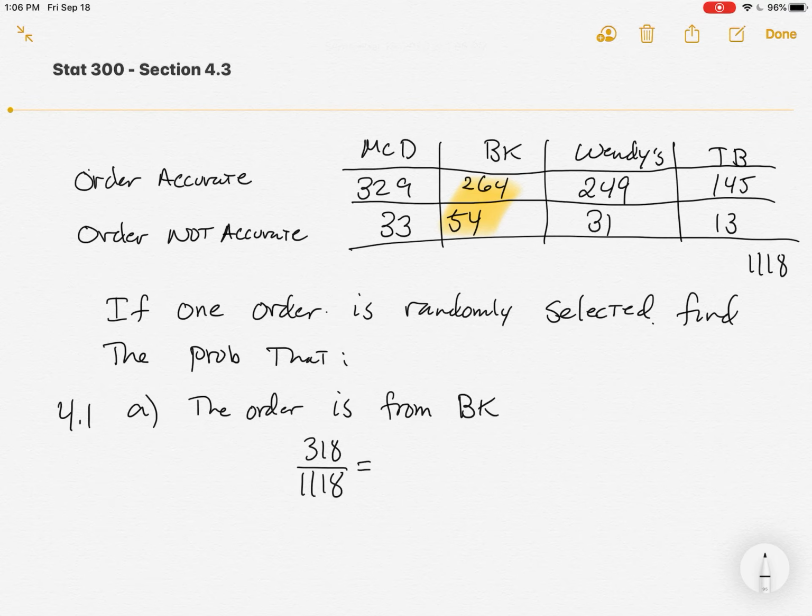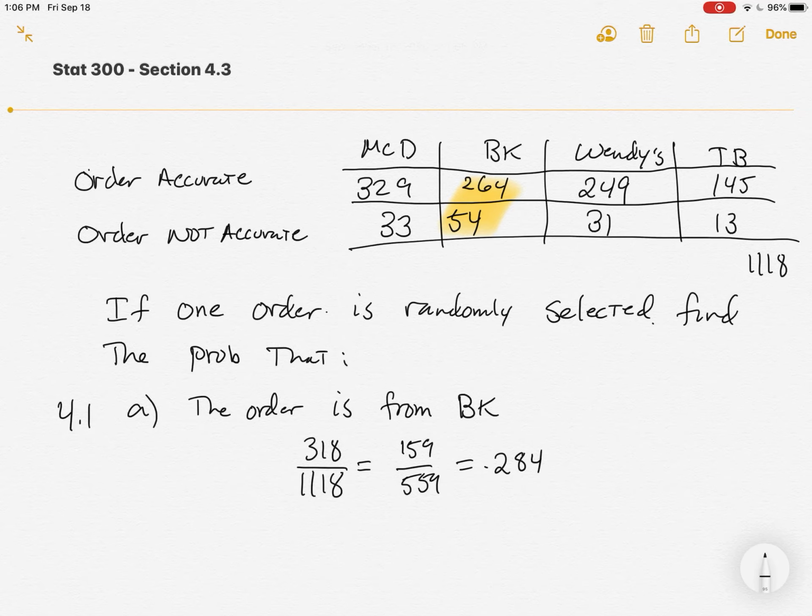Again, the computer will probably want you to reduce. So if I divide by 2, I get 159 over 559. And then I think that might be done, so that might be the end answer to that. We could look at that in a decimal format: 159 divided by 559 is 0.2844. So about 28% of the orders come from Burger King.